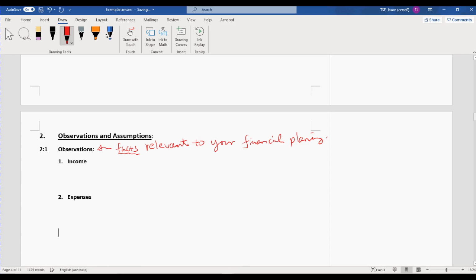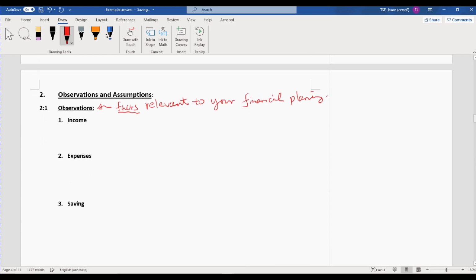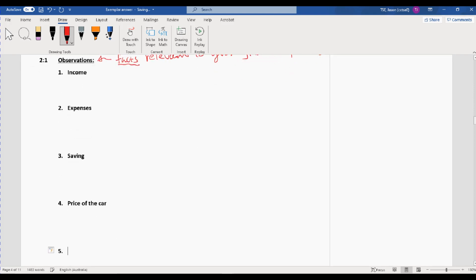Third could be your saving. Fourth must be something to do with the price of the car. And the last would be the loan for the car. So there are a few things there that you need to fill in.